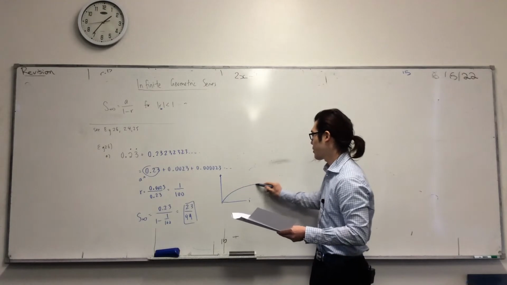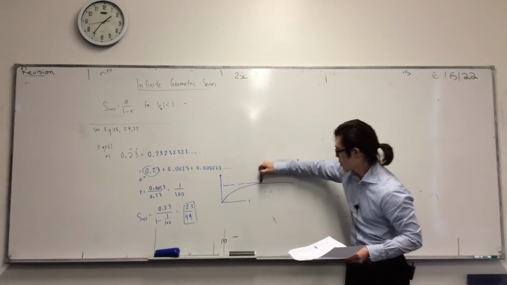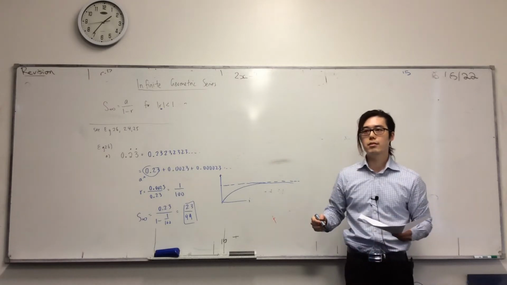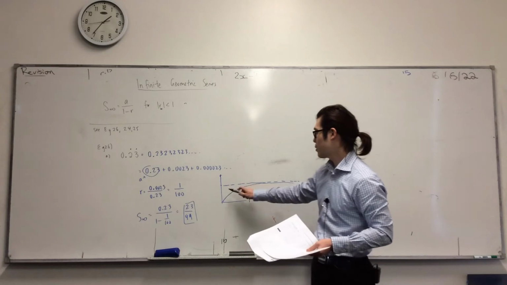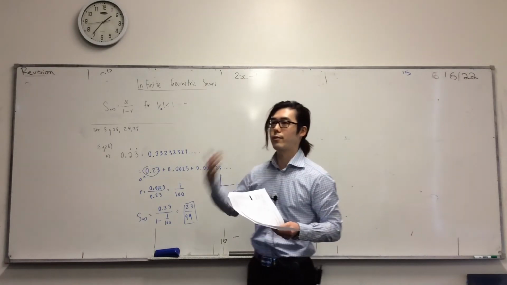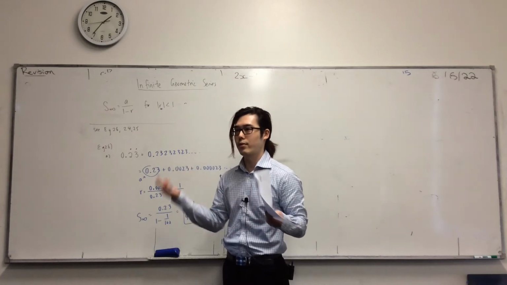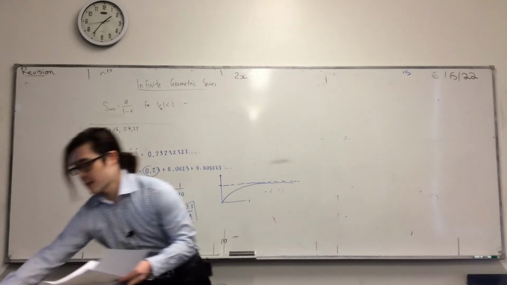You know how a graph is never ending, right? But it is always going to approach a certain asymptote value. That's what you're finding. The sum of an infinite series is like finding what you will eventually approach as we go infinite, infinite, infinite. But it's never ending. Okay, so let's try the same thing for the next example.